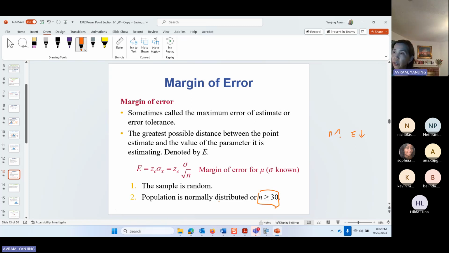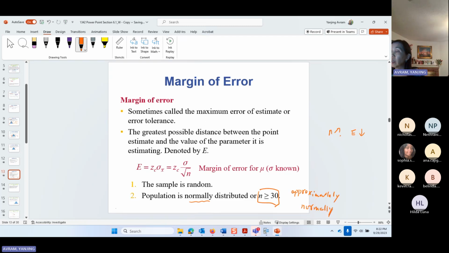If the question tells you this is normally distributed, that's perfect. But if it didn't tell you, but N is 30 or above, we can say this is approximately normal distributed. Okay, so now we can use the bell curve for all those good things we learned earlier to do the calculation in here.